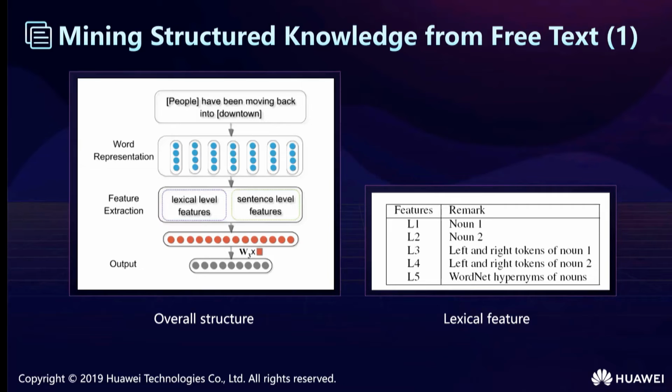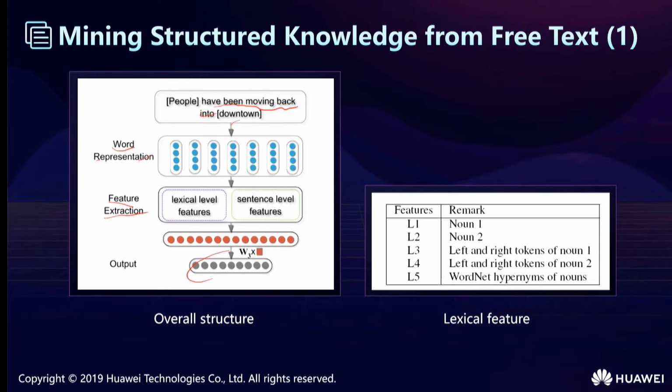First, we do the word representation, then the feature extraction, and then we add the activation functions and get the output. Our model will know the who and the where in the sentence.